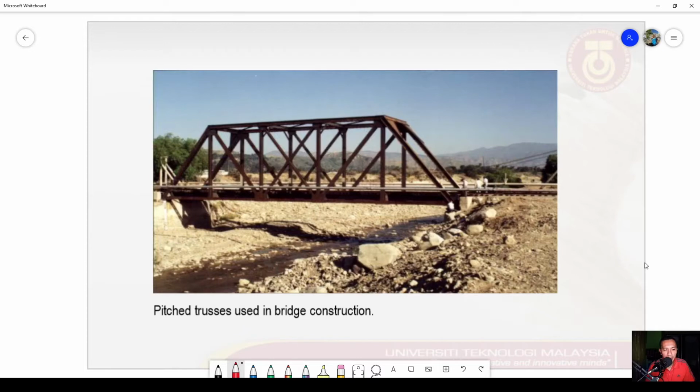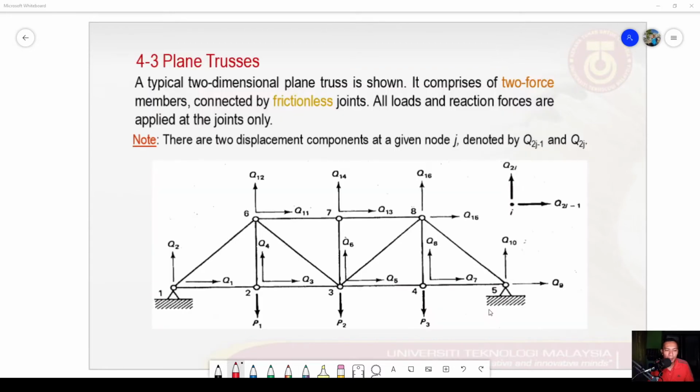The pitch truss structure is commonly used for bridge construction. If we go to the rural area, we can find this kind of structure, which is very famous for the construction of rail tracks for crossing rivers or valleys.